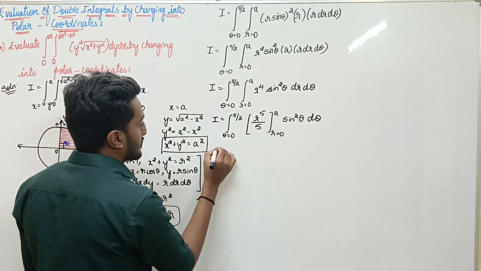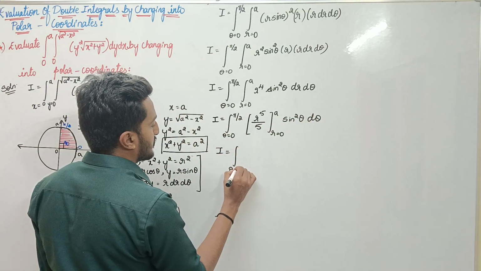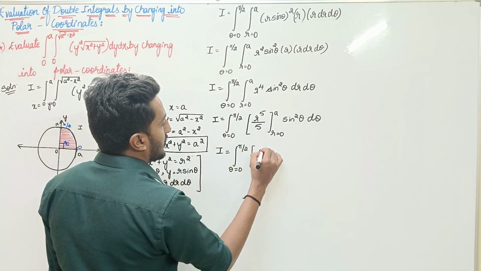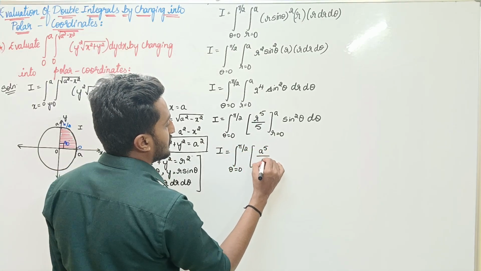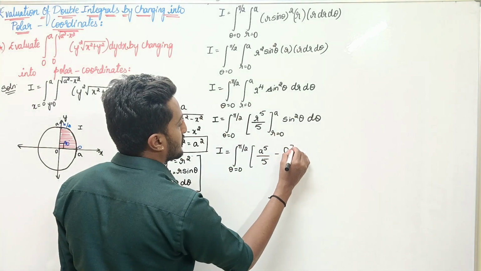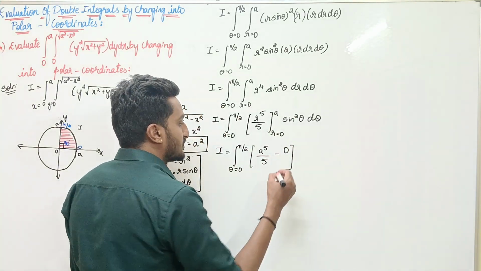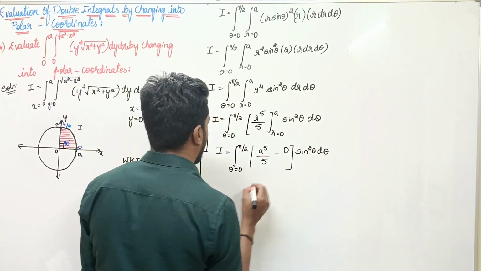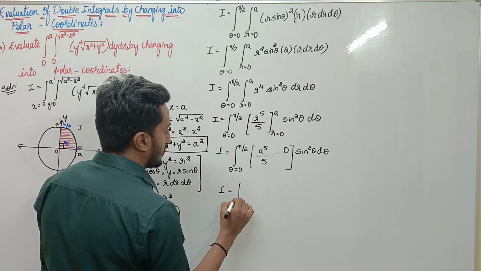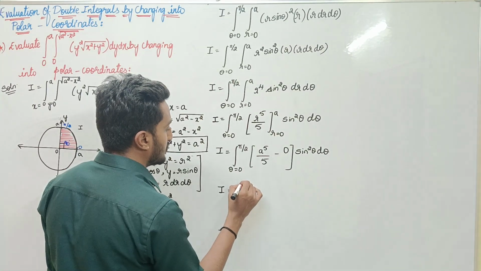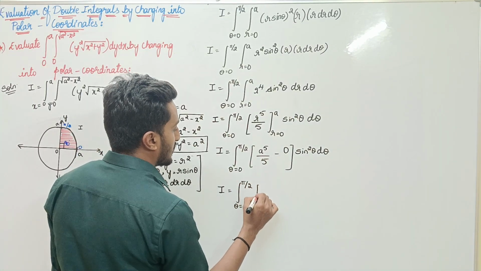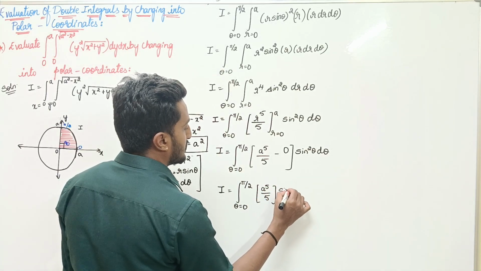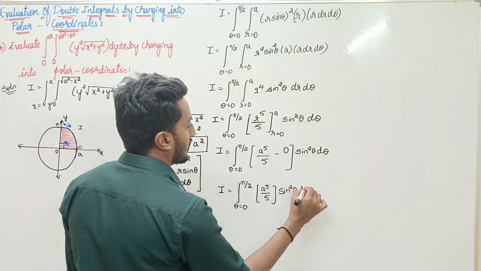Now upper limit minus lower limit: theta varies from 0 to pi by 2, a power of 5 divided by 5 minus 0 by 5, 0 by anything is 0, sin square theta d theta. Now I equals theta from 0 to pi by 2, a power of 5 divided by 5 into sin square theta d theta.